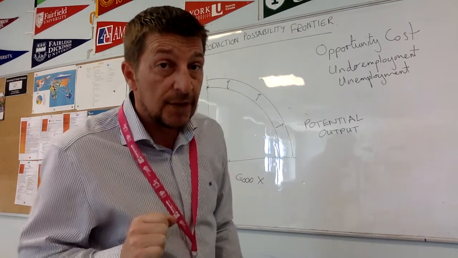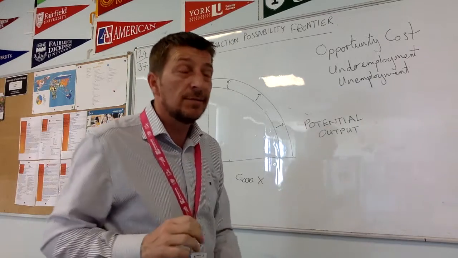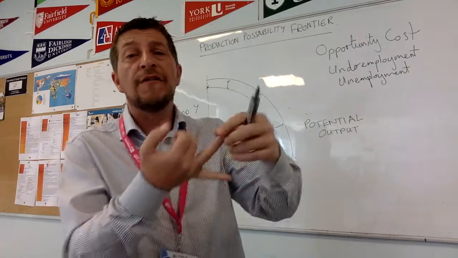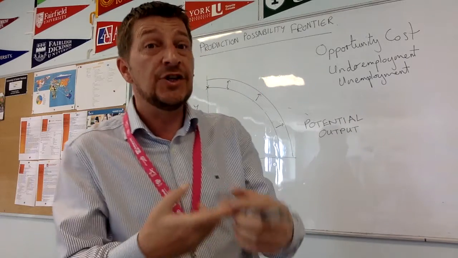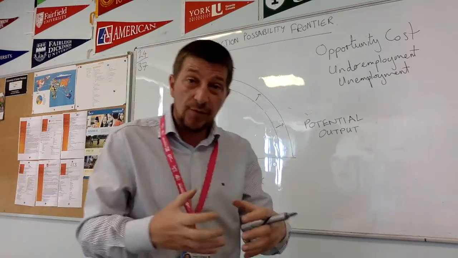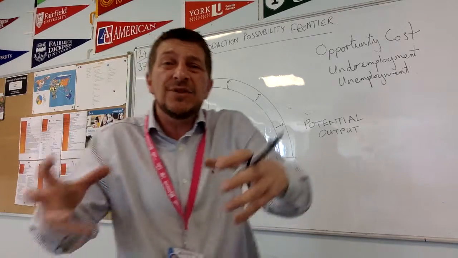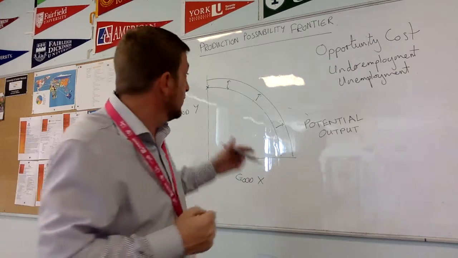Also, we could find that something terrible happens, okay, whether there's a war, a famine, a plague, a disease, something which actually cripples your economy, something which takes away a large amount of your resources.